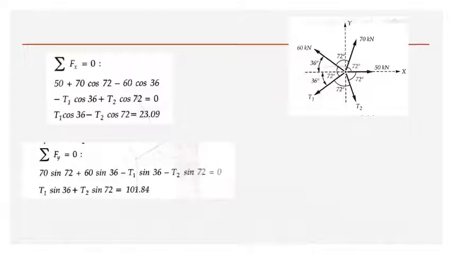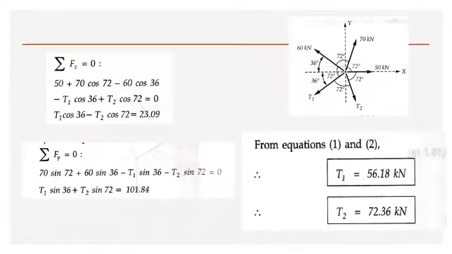Okay. So we get another equation, T1 sine 36 plus T2 sine 72 is equal to 101.84. So from equations 1 and 2, solving these equations, we get T1 as 56.18 kilonewton and T2 as 72.36 kilonewton. Okay.